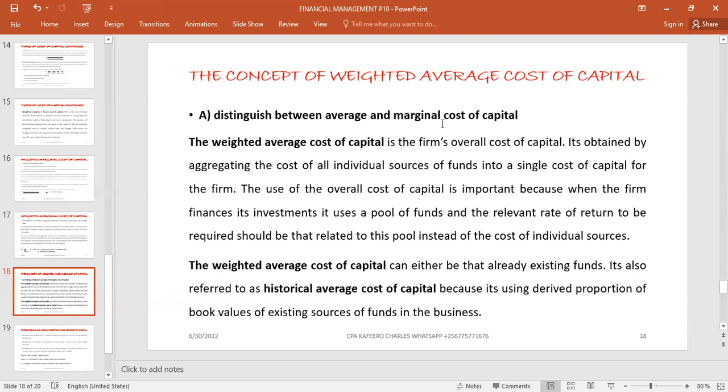This weighted figure becomes the cumulative figure we are going to get after multiplying the specific cost of capital and the weights. It's obtained by aggregating the cost of all individual sources of funds into a single cost of capital for the firm.